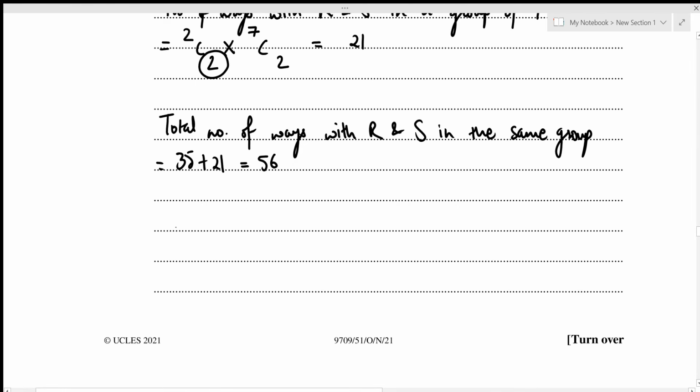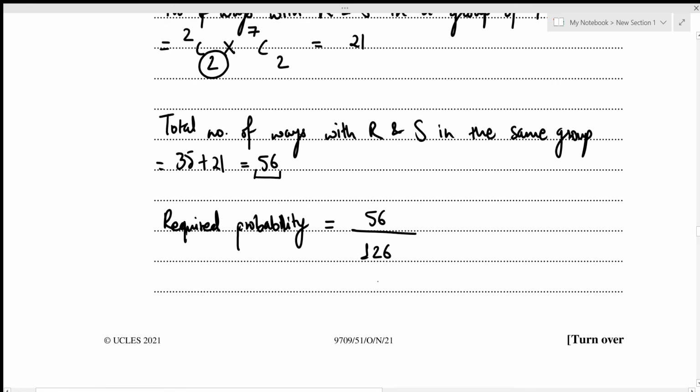So here the required probability, for the numerator part, that's going to be the number of ways of the required thing. In this case, that's Raman and Sanjay being in the same group. So that's the total of 56 divided by the total number of ways. Now the total number of ways, we already figured that out in the third part of the question and we determined it to be 126.